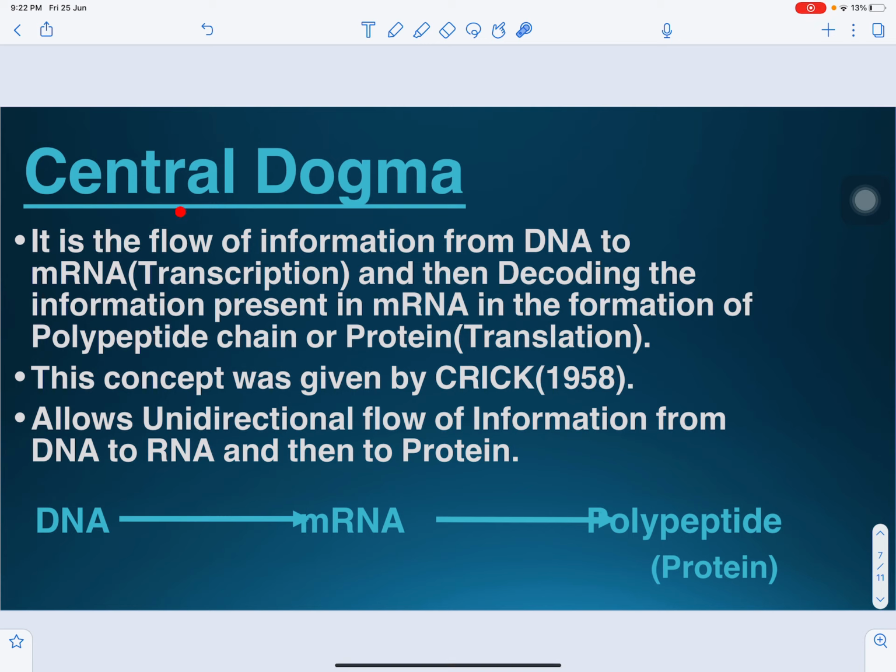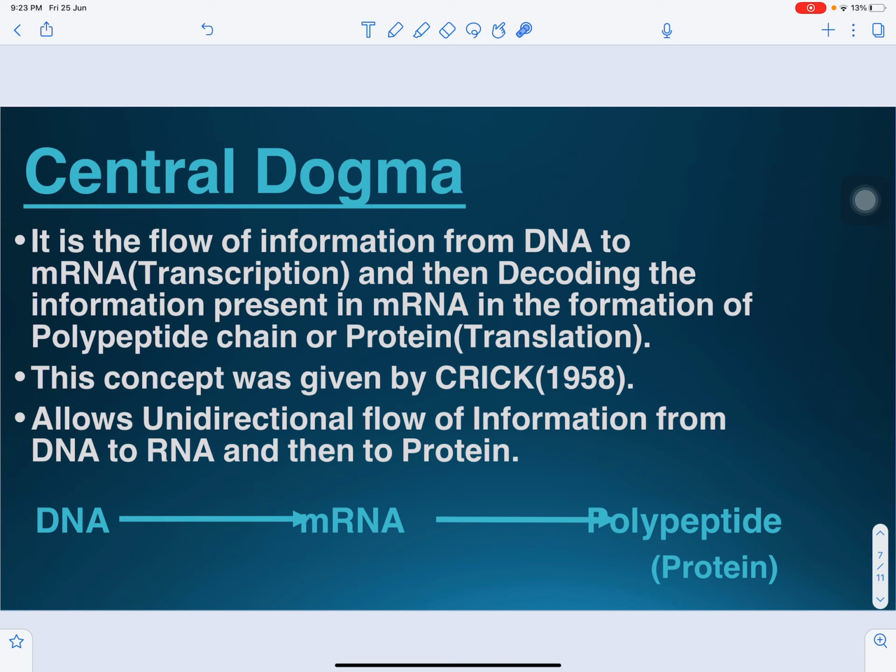Now next we will discuss what is central dogma. Like we have seen, whatever information was present in the coded form in the DNA will be transferred to the messenger RNA. This process is called transcription. So whatever information or message has been transferred from DNA to messenger RNA will be converted into polypeptide chain, and this process is called translation.